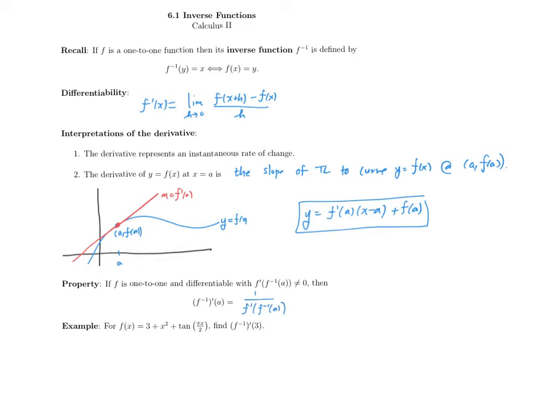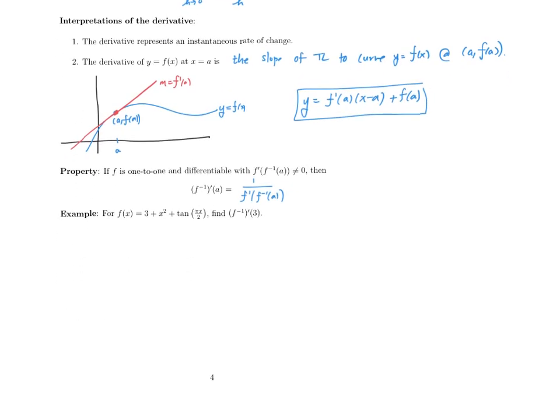So as long as we can find the derivative of f and this single value f inverse of a, we can calculate this derivative. And you can see why there's this kind of added hypothesis in there suggesting that we don't want to divide by 0. So let's go ahead and look at a common example illustrating this property.